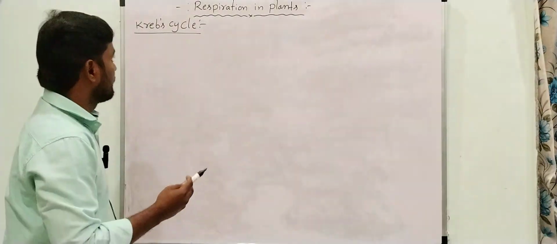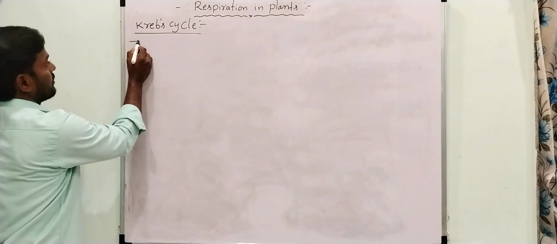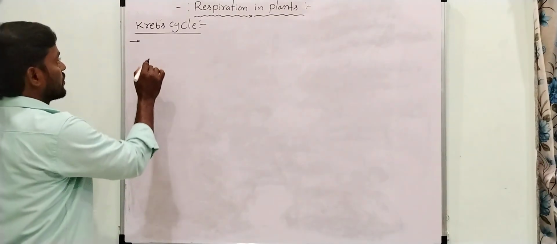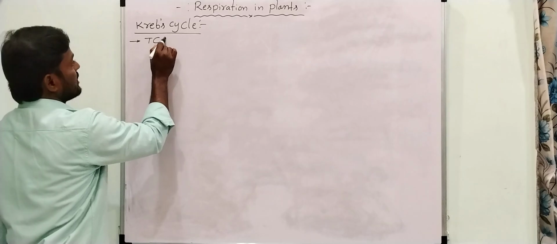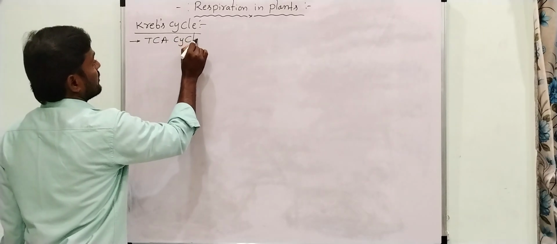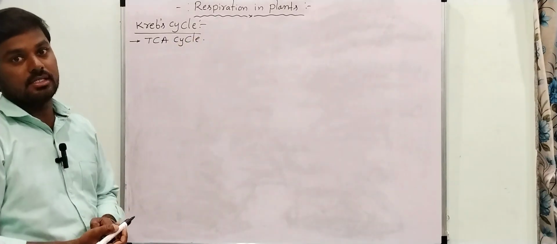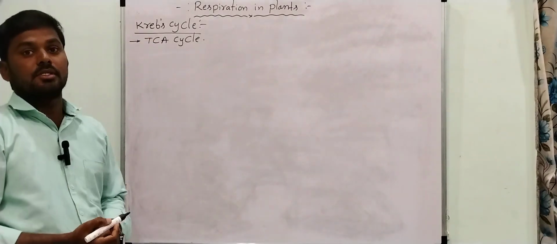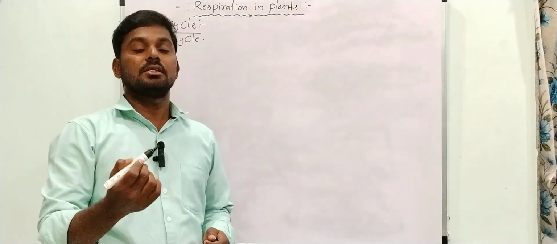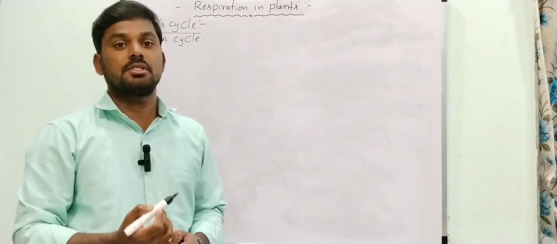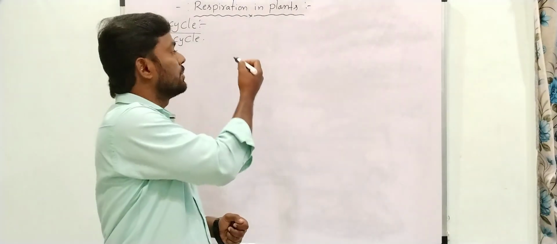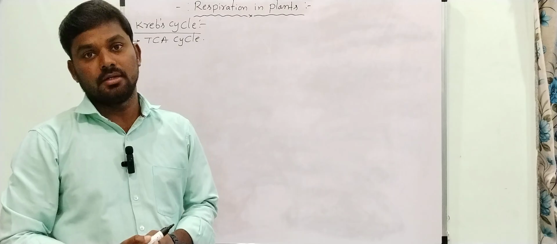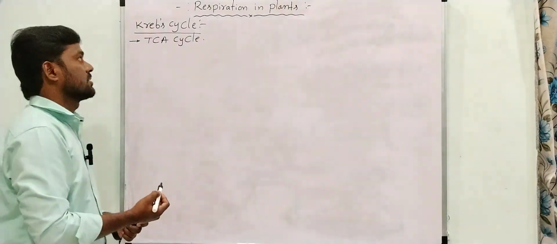Okay. So Krebs cycle is also known as TCA cycle, tricarboxylic acid cycle. Why is it called the Krebs cycle? Because the scientist Sir Hans Krebs proposed the complete pathway of the Krebs cycle.